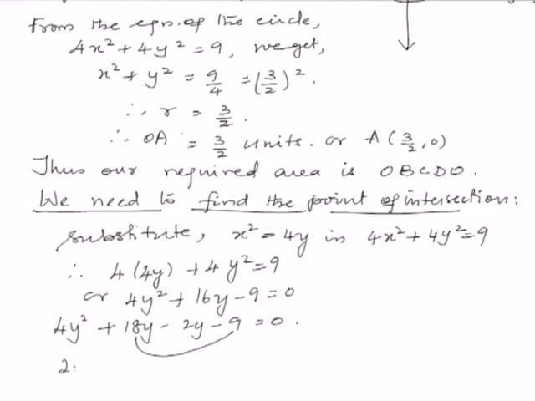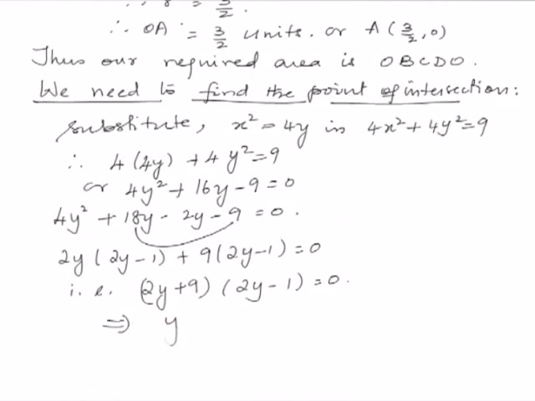Now, on factorization, I arrive at 2y plus 9 into 2y minus 1 is equal to 0, leaving the values of y to be minus 9 by 2 and 1 by 2.